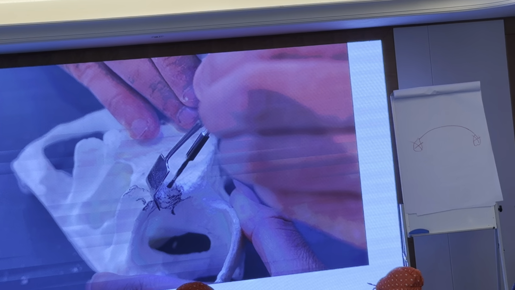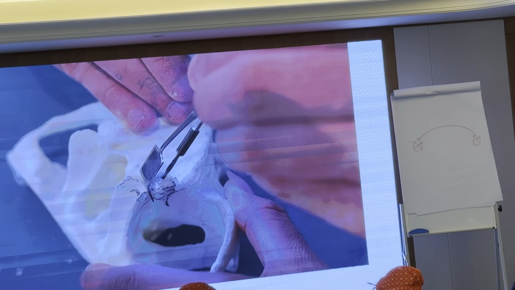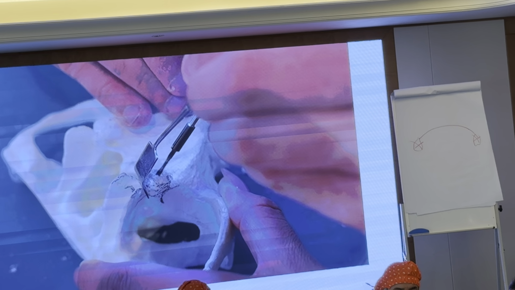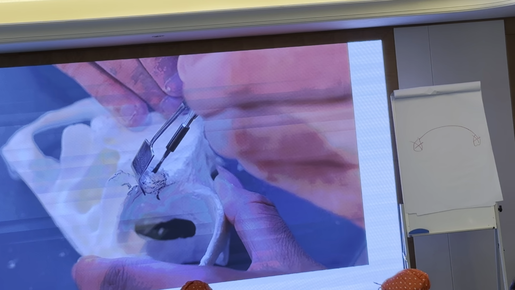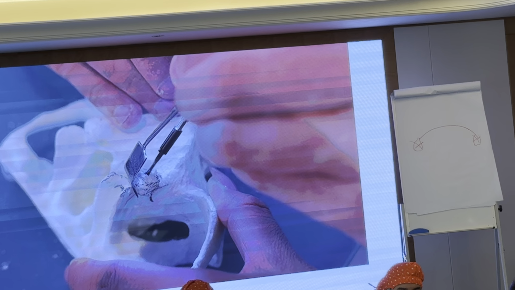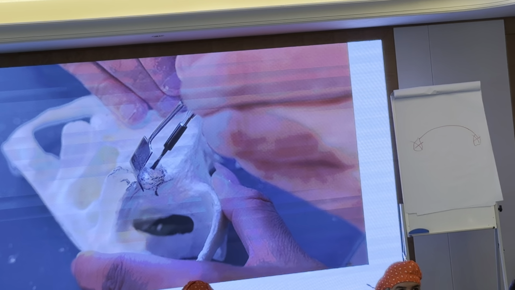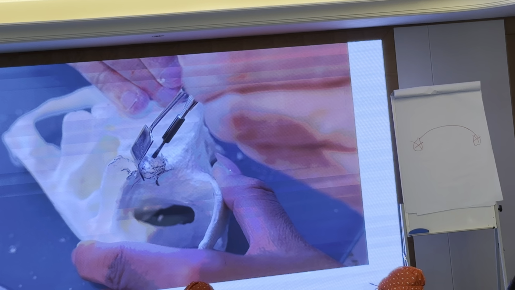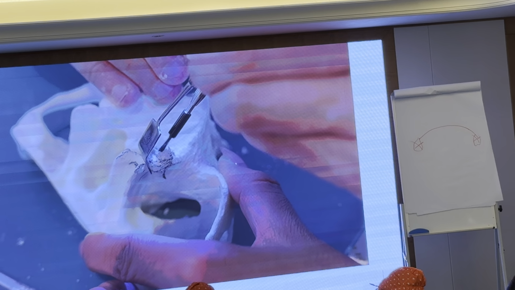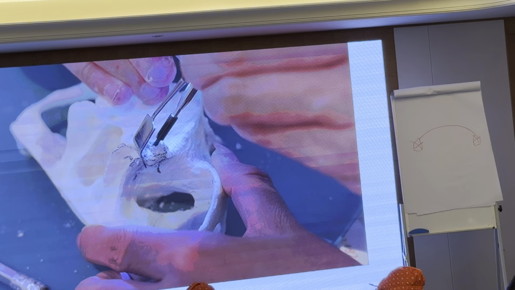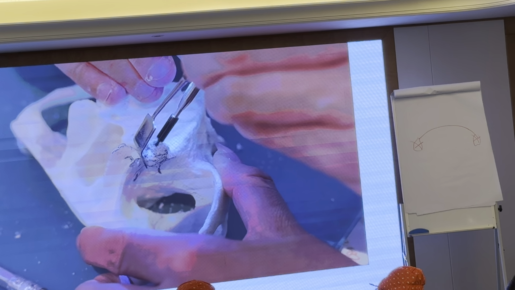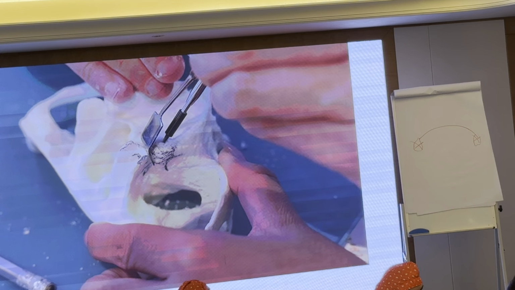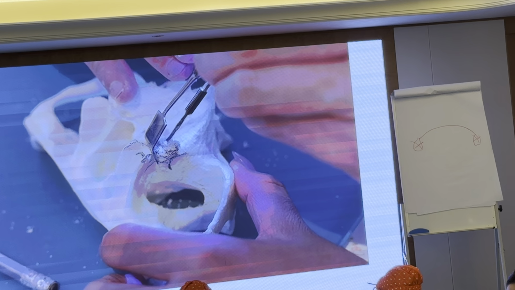How do I drill? I go slowly, slowly, slowly. I feel soft. I'm inside the tuberosity. Then I start feeling hard. Okay, this is the pyramidal process of the palatal bone. So I push, I push, I push until I feel that I'm inside an empty space. I'm inside the pterygoid fossa. Okay? Good?